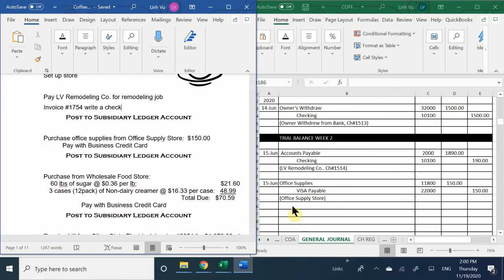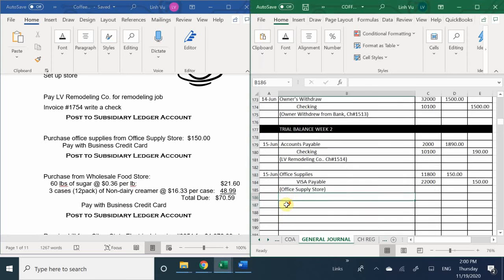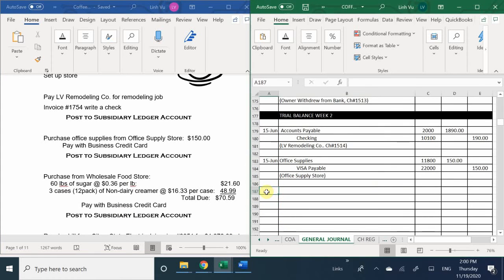Okay, well, go to the journal. Get this down here. We're still on the 15th. Purchase from Whole Foods. What did we purchase?